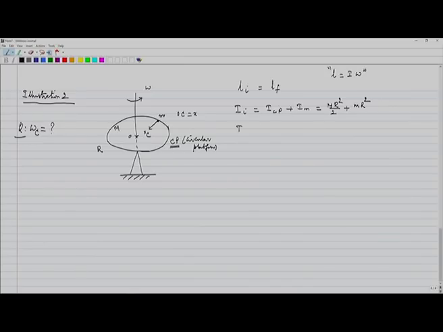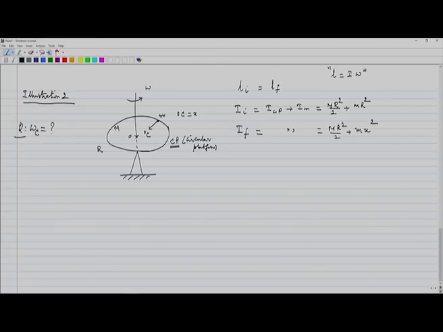Now I final is again the same thing, equal to M R squared by 2, but now the mass is at the point C, which is at the distance x, therefore little m x squared.